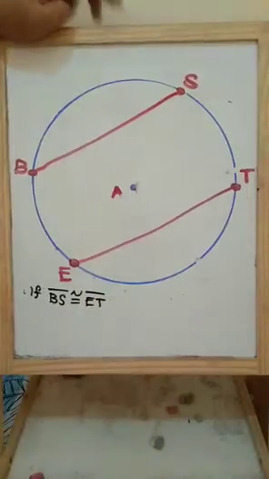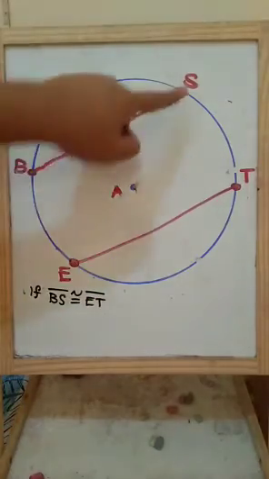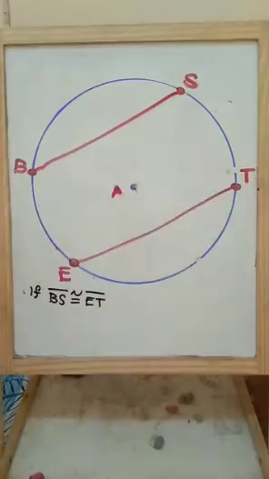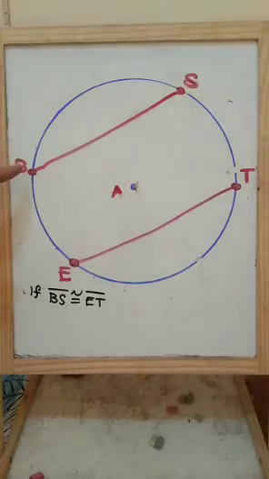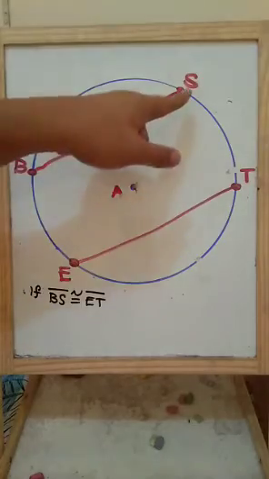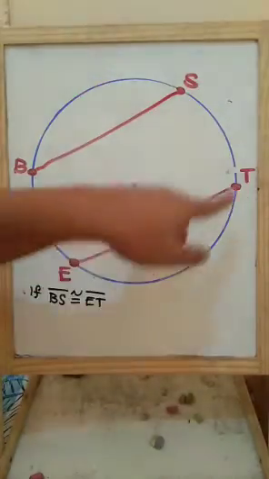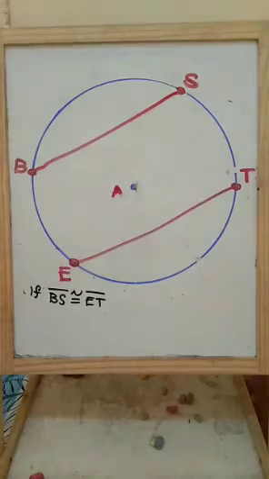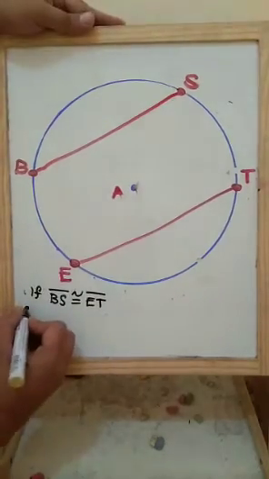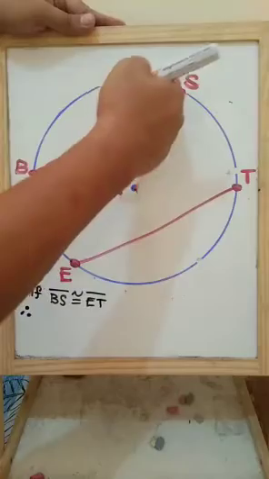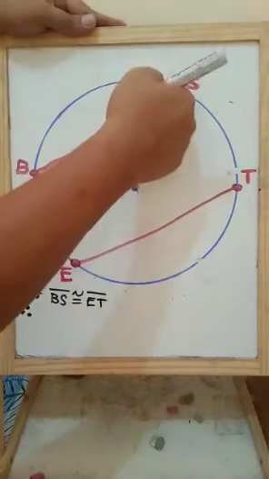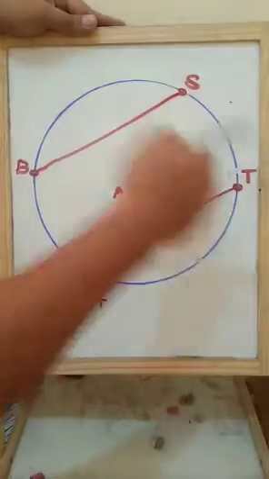Now, if those two chords are congruent, the arcs whose endpoints are the endpoints of the chords would also be congruent.